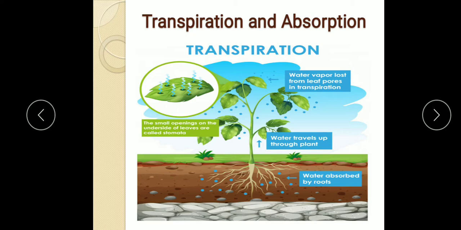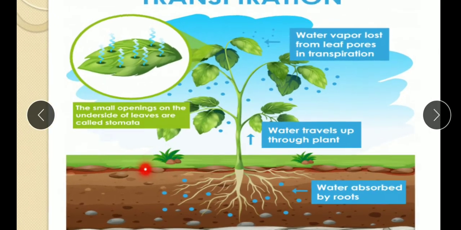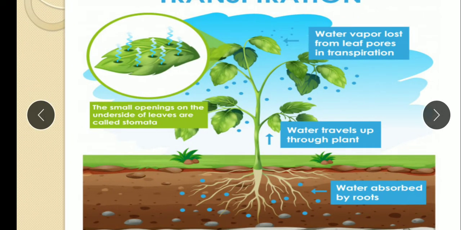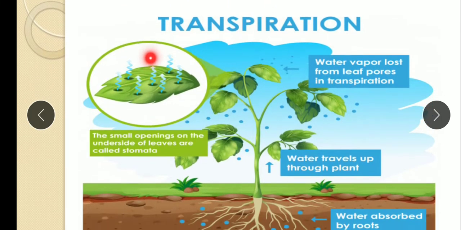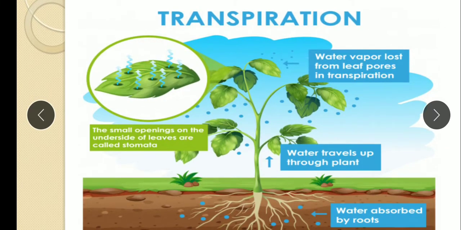So children, I already explained to you what transpiration is. Transpiration is the process by which extra water is given off in the air as water vapor through the stomata present on the lower epidermis of the leaf. Water vapor is lost from the leaf pores, which are the stomata.